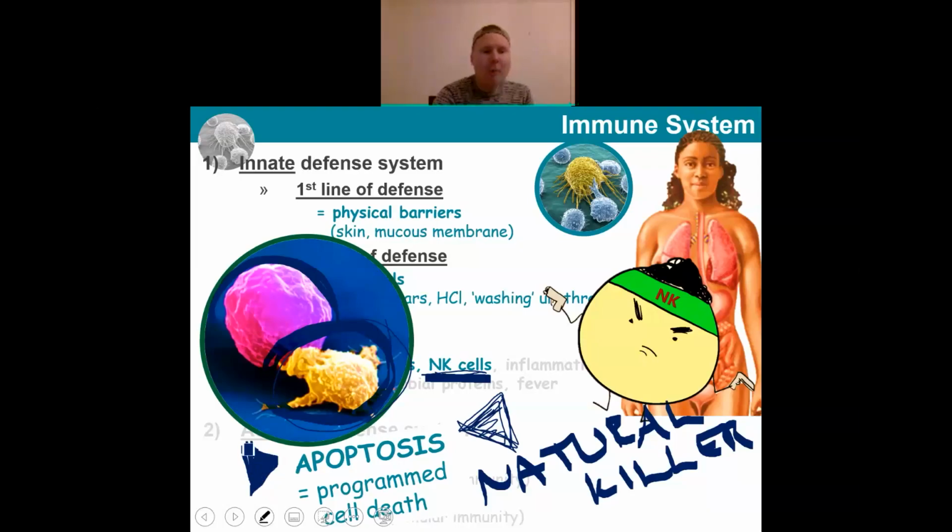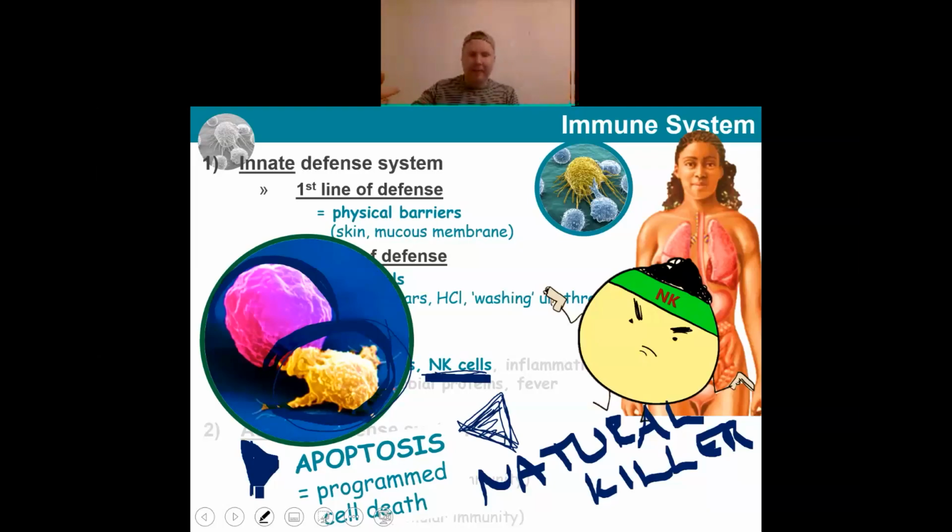Apoptosis is almost like a command to a cell that tells it, you need to die. It's almost like triggering suicide mode within the cell. So NK cells survey around, and when they find a cell that shouldn't be in your body, they go there and trigger that pathogenic cell to commit suicide.